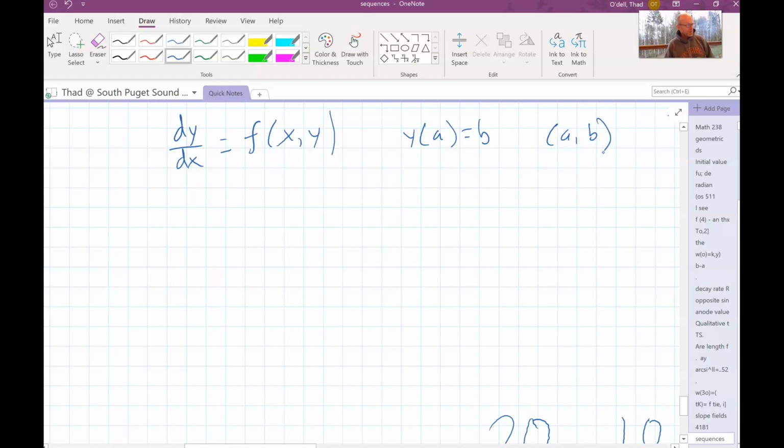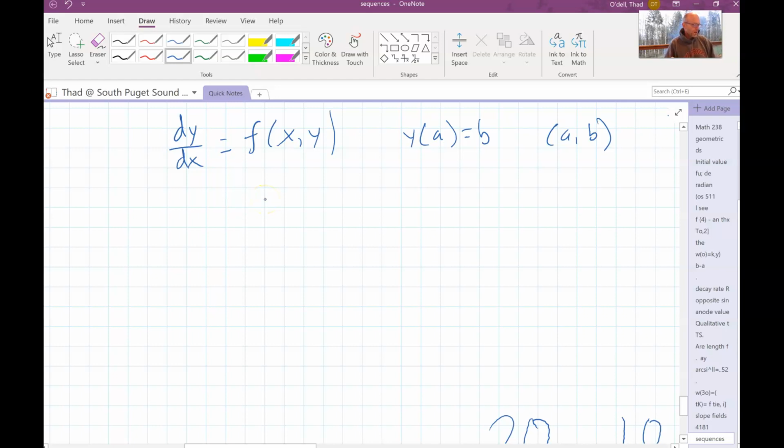So that's what the existence theorem is about. It's a quick little test where we can establish whether there's a solution to this differential equation at that point.